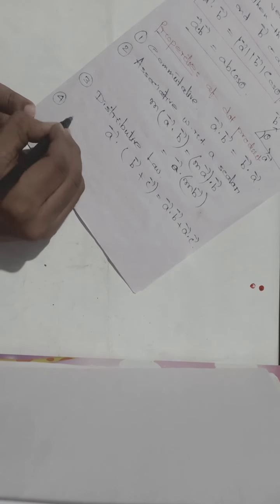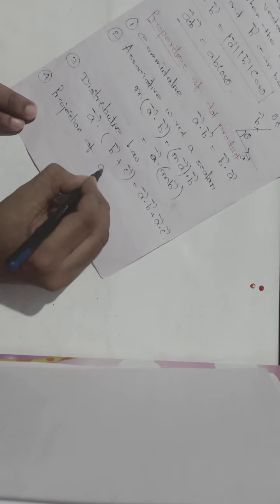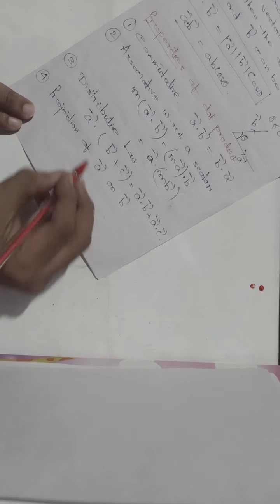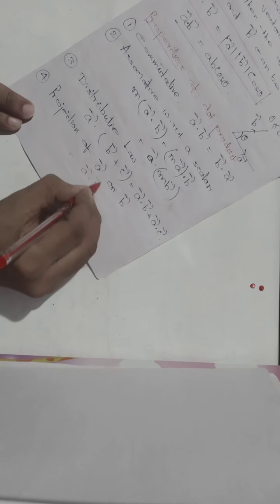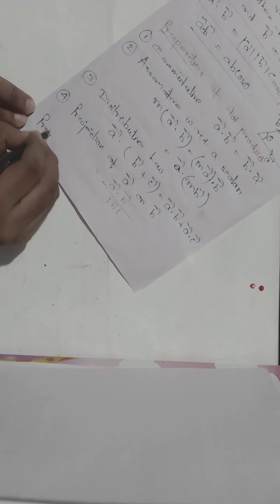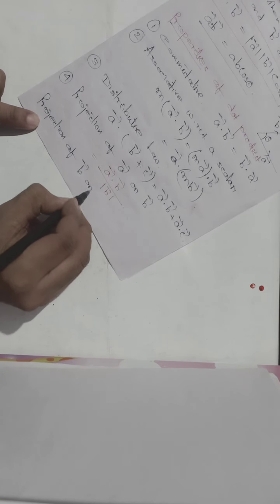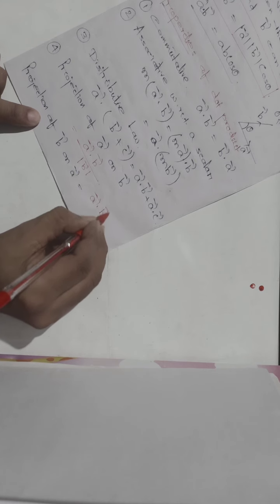Next one is very important. Projection of A on B can be defined as A dot B divided by magnitude of B, and projection of B vector on A vector will be A dot B by magnitude of A. Students, I hope all of you understood.